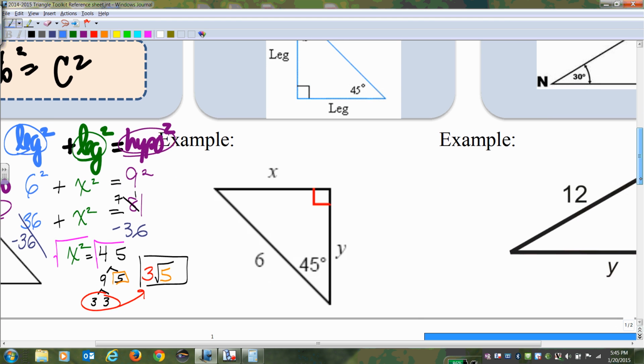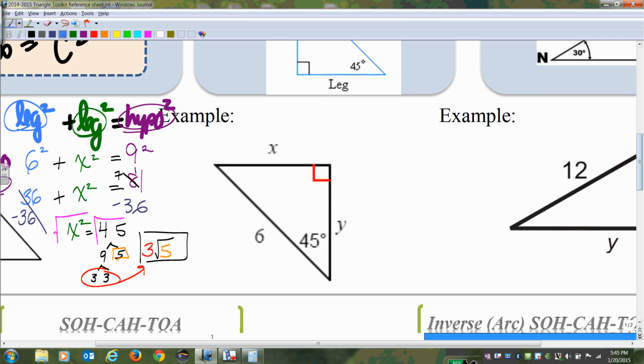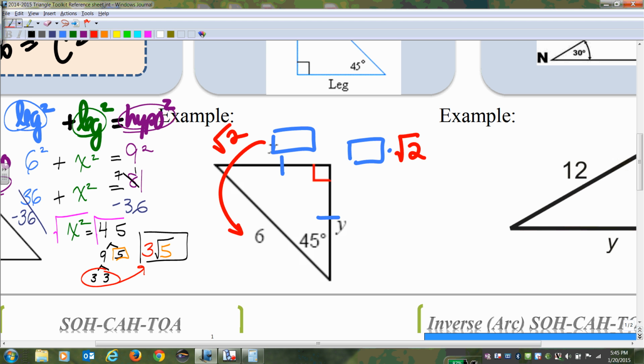So here we know our legs are equal. And the hypo is whatever the leg is times root 2. So this reads like this: something times root 2 is 6.